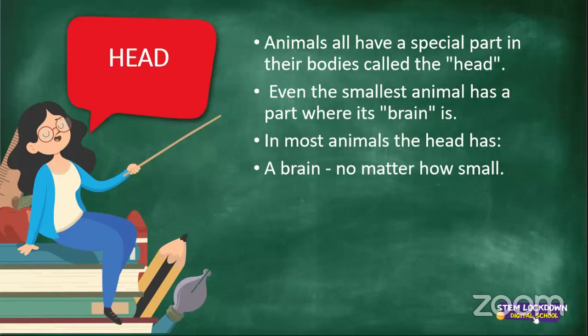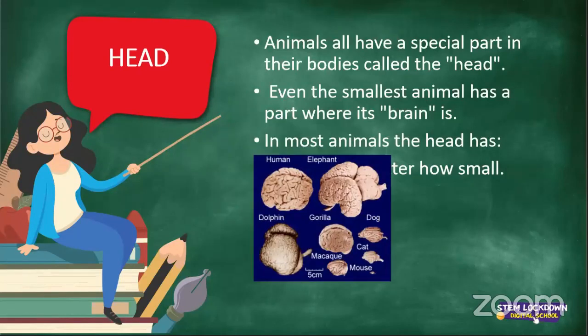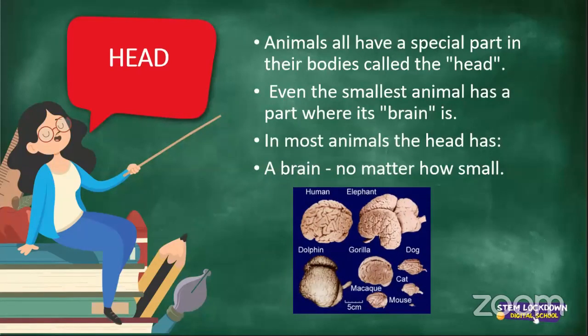Remember, we said last week that animals have a special part in their body called the head, and even the smallest animal has a part where its brain is. In most animals, the head has a brain no matter how small, and here is a picture for you so that you can compare the human brain to those of animals.